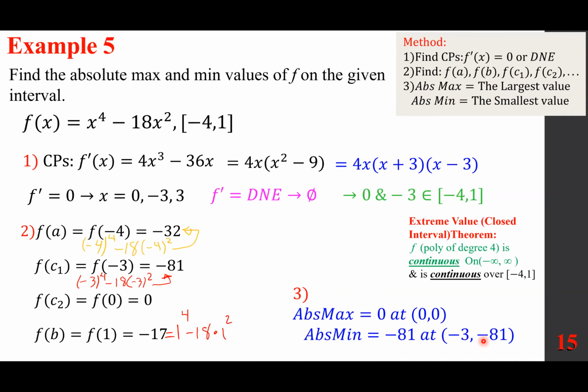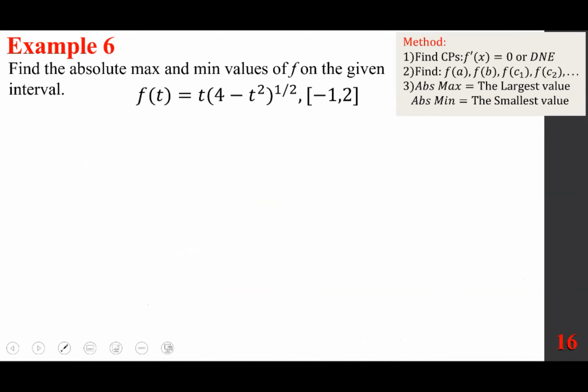So we are looking at the extreme value or closed interval theorem. We want to find the absolute max and min values of f on the given interval of -1 to 2. So we need to know what the domain is to begin with.